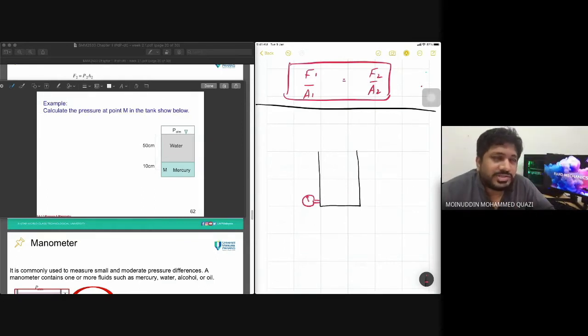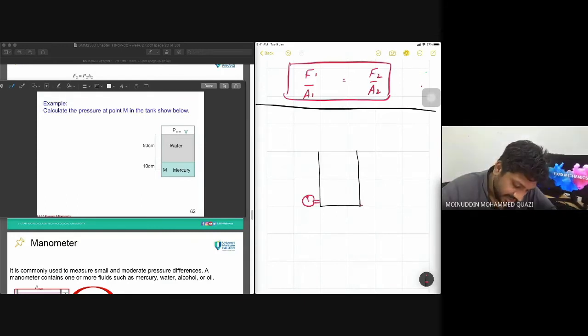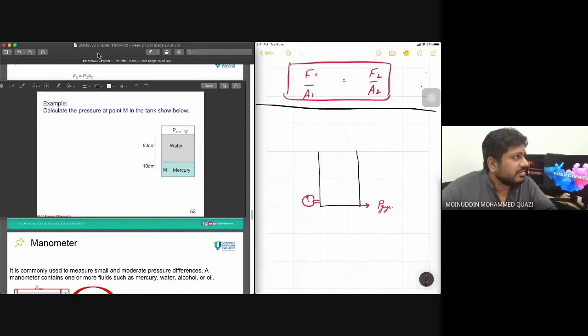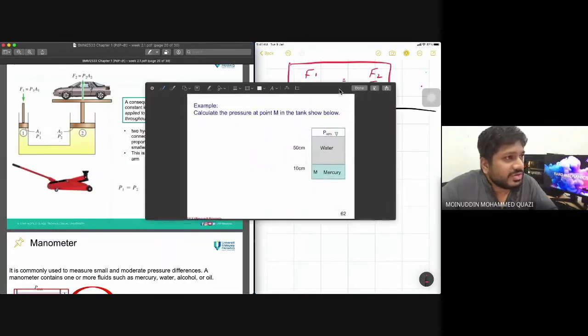Now if I ask you guys what is the gauge pressure of this empty tank, remember that all the gauges in the engineering world are calibrated so that they don't show atmospheric pressure.